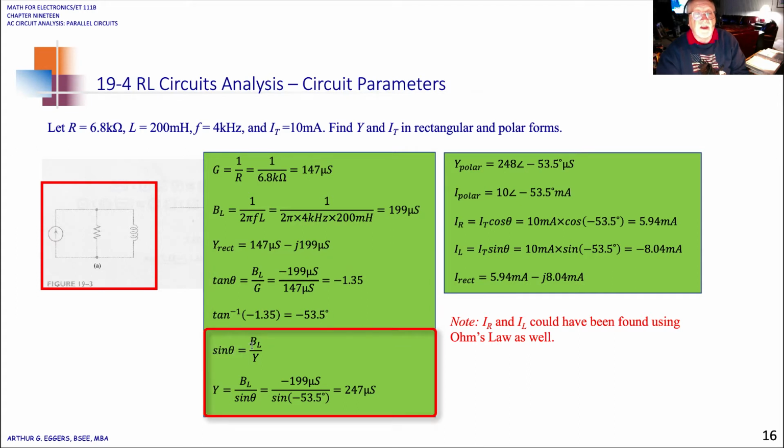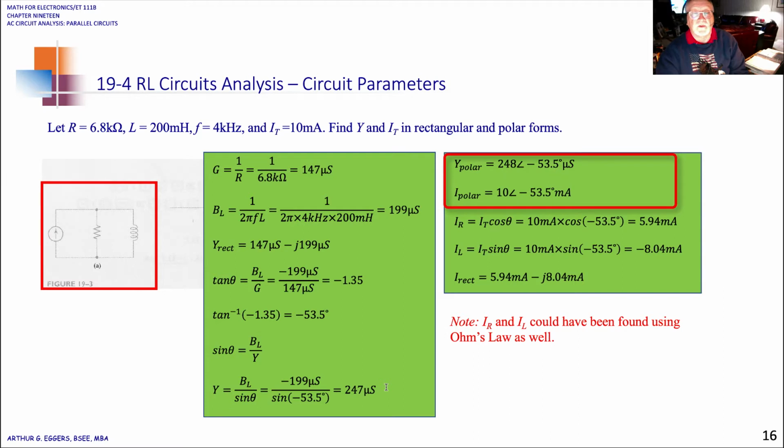Using the sine of theta is equal to B sub L over Y gives us what we need to solve for Y. So we rearrange the terms, putting the sine theta in the denominator, and we are able to solve for Y equals 247 microsiemens. Okay, so as we take a look at the values here, Y polar should have been 7, not 8.